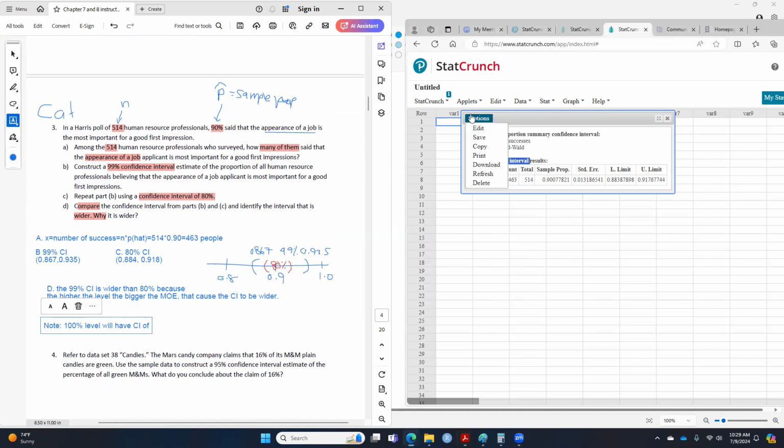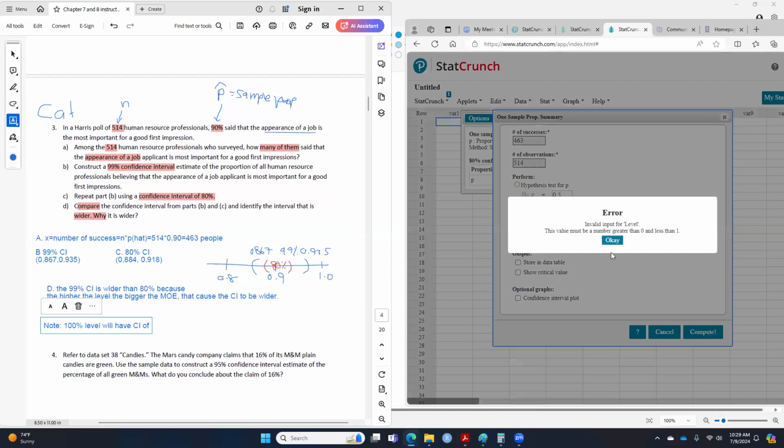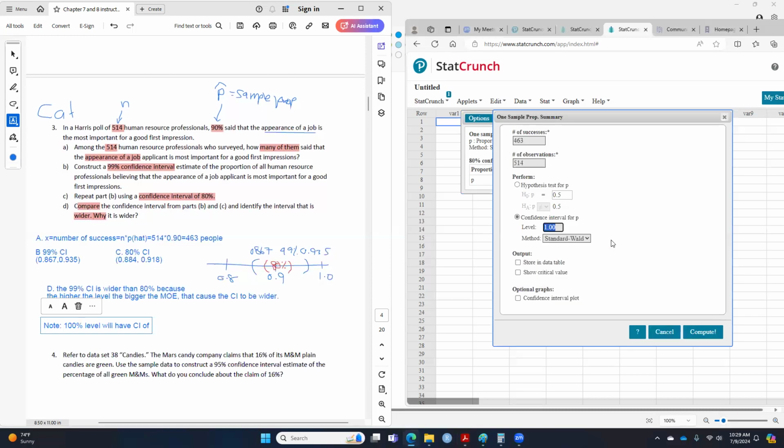Okay, let's try it. So let's go to option and edit. And now we're going to do 100%. 100% means 1.0. And when you do this, they give you an error already, so that means no good, right? So that means it's above what is allowed.